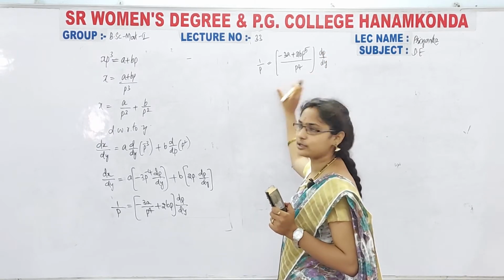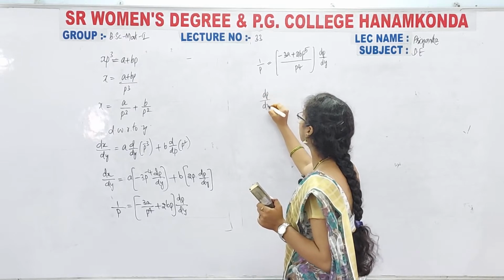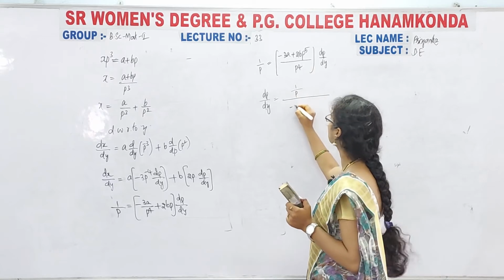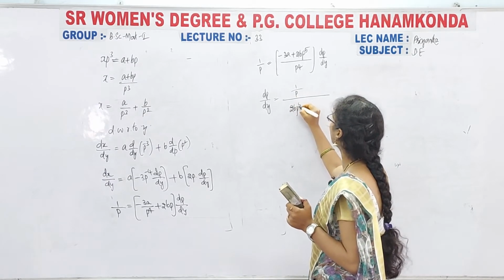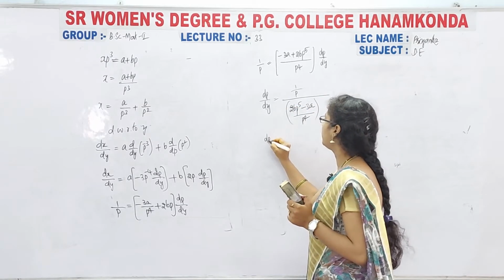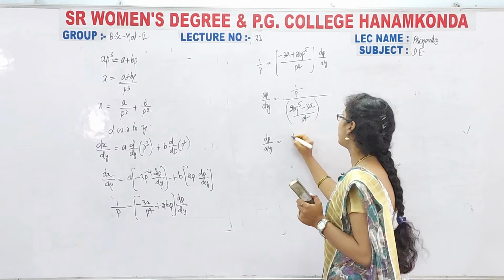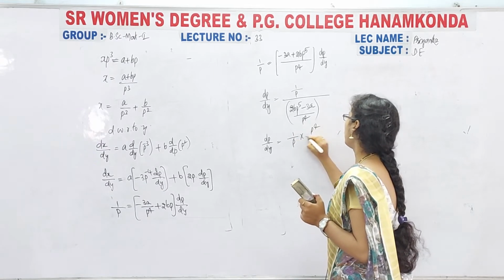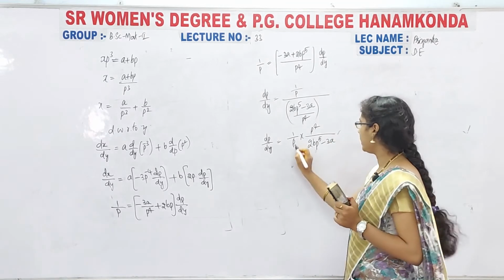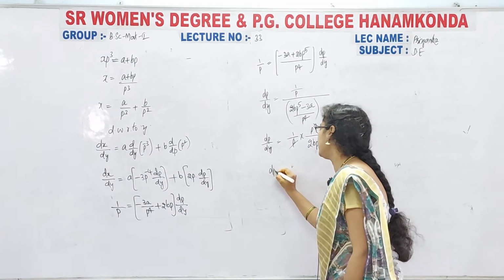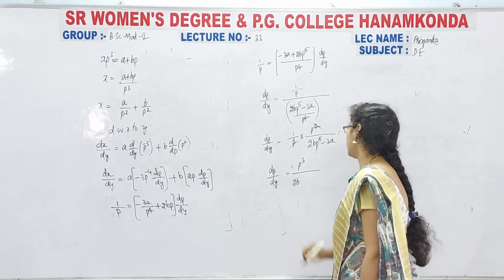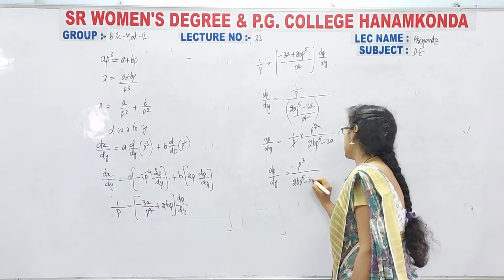Now I am taking this value to this side, then dp by dy equals 1 by p multiplied by p power 4 by 2b p power 5 minus 3a. So dp by dy is equal to p cube by 2b p power 5 minus 3a.